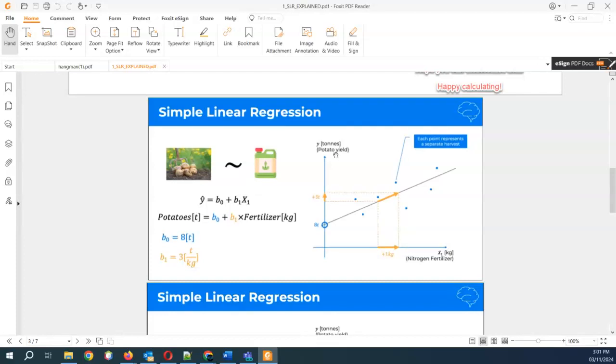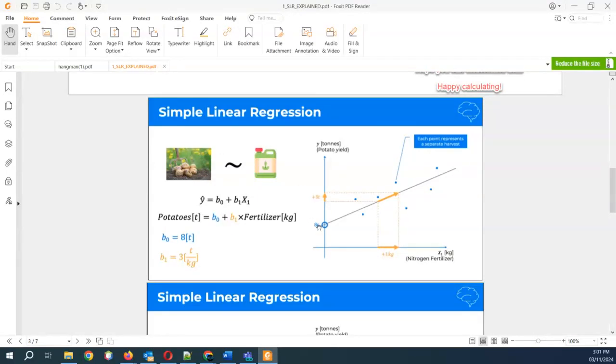If you want to grow some potatoes in the farm, what is actually happening? Minimum, if you don't put any fertilizer, you will get 8 tons of output, right? So b naught is equal to 8 tons. You see that 8.0 in the blue, 8 tons of potatoes, no matter what. If you put fertilizer, you will get some additional output.